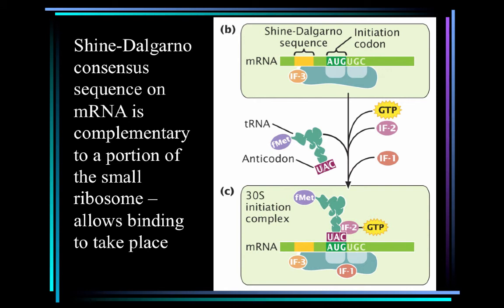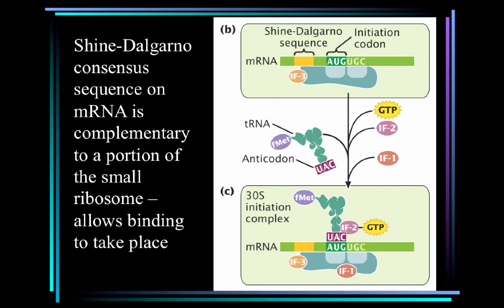After this takes place, but before the large subunit comes into play, we need to make sure that the Shine-Dalgarno consensus sequence on the messenger RNA is complementary to a portion of the small ribosome. And that is what really is going to allow further binding to take place.